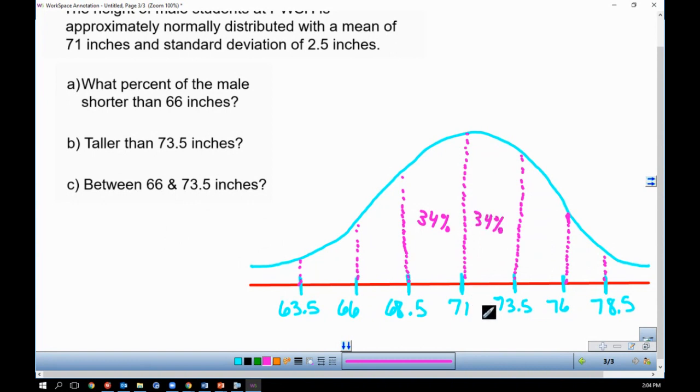Then you go out one, and it's 13.5%. And you go out one, 2.4. And then the last bit leaves us with 0.1% outside.